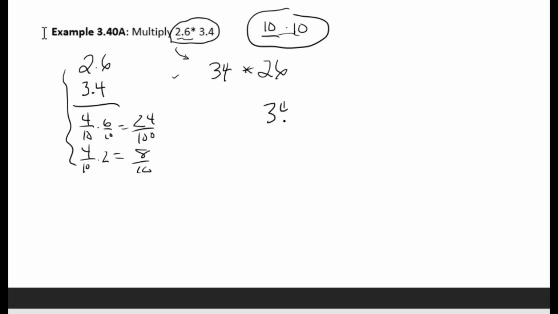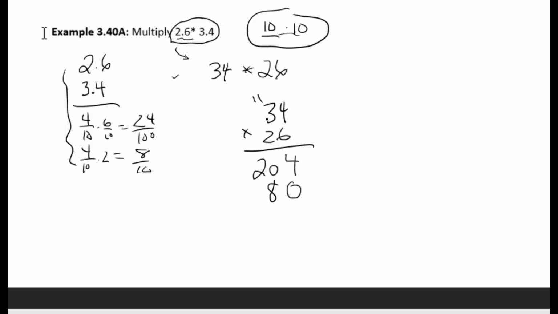So multiplying it the way usually taught, 6 times 4 is 24. Carry 2 tens over. 6 times 30 is 18 tens. 2 more is 20 tens. I put a 0 down here because that's a 20, not a 2. And 20 times 4 is 80, right?